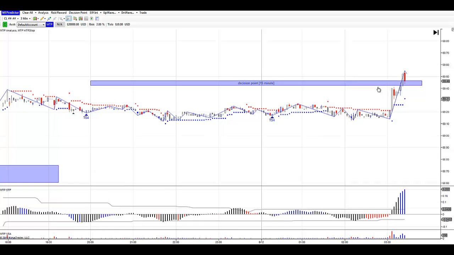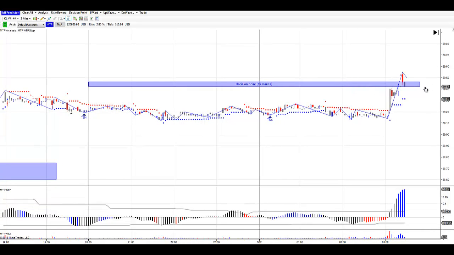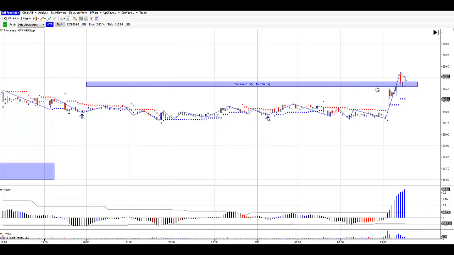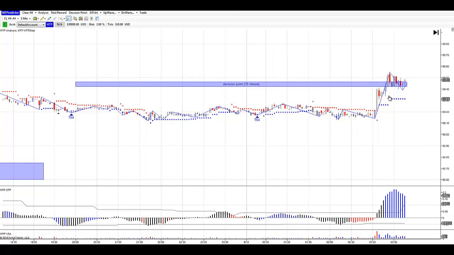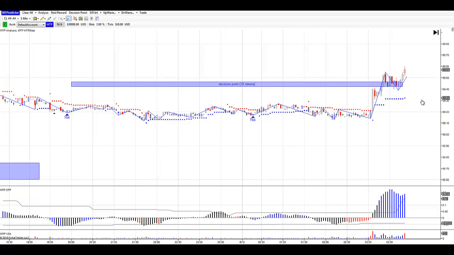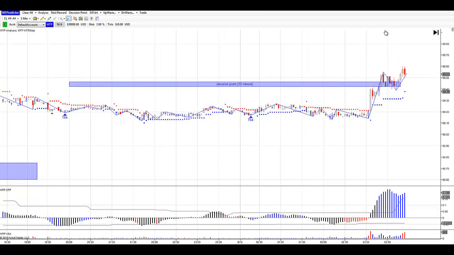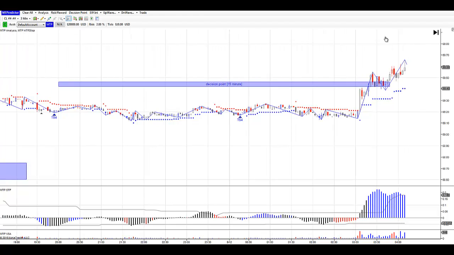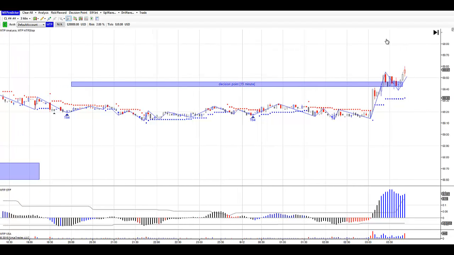Now we get a close above the level here, and then you get this little, what we call, wiggle. So price comes up through the level, it kind of wiggles back down, and then it's going to take out this swing high here. When we go to the 15-minute chart, we saw we had two closes above the resistance level here.